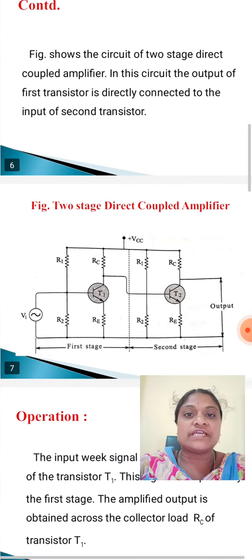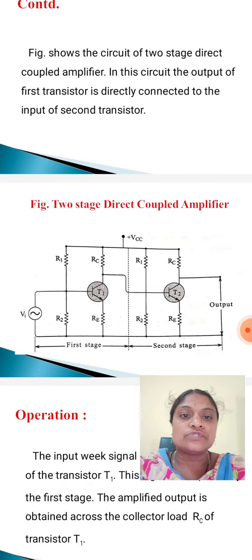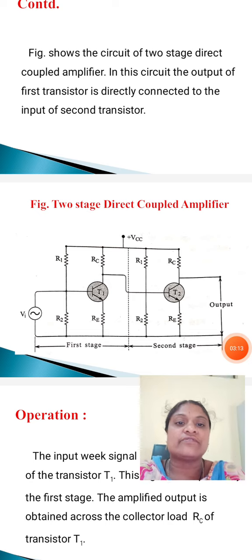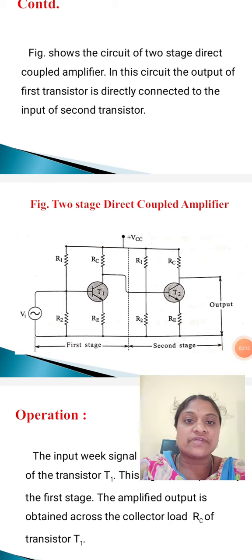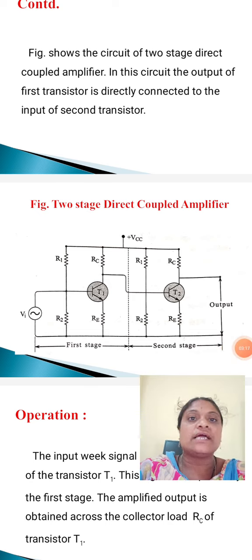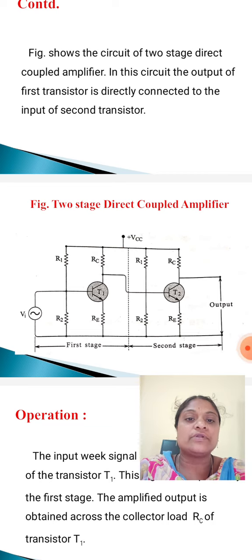See this figure. This is the circuit of a two-stage direct coupled amplifier.